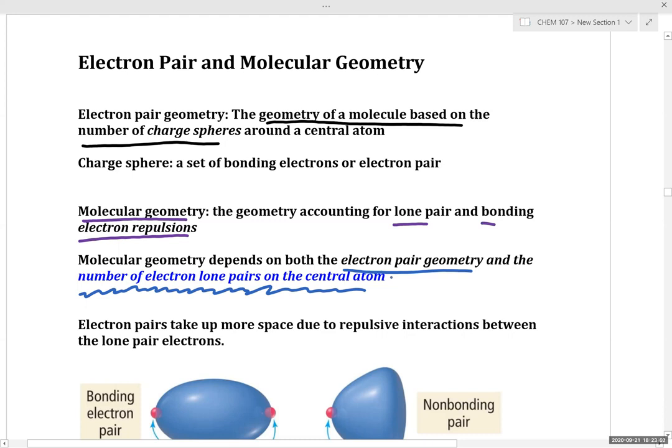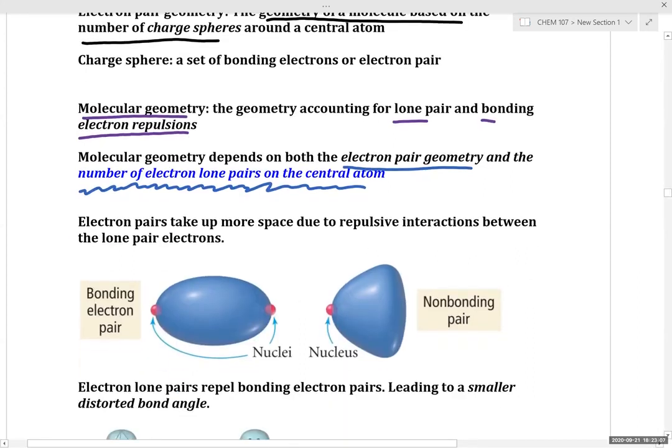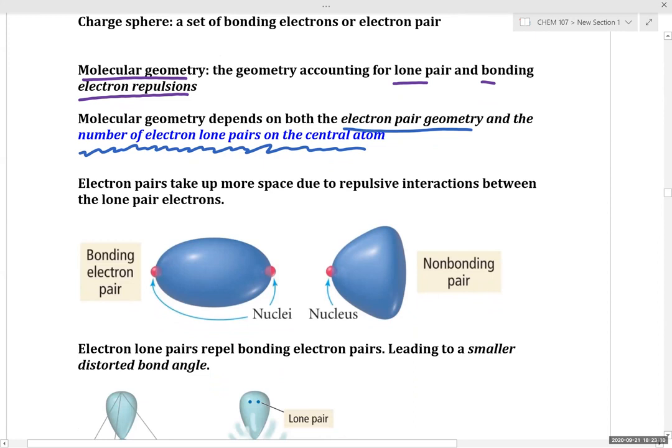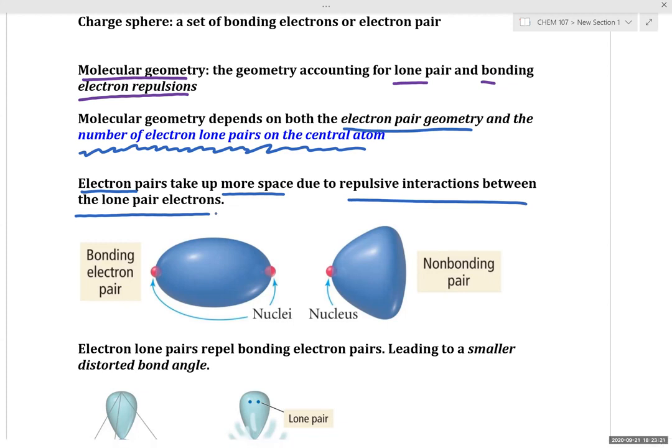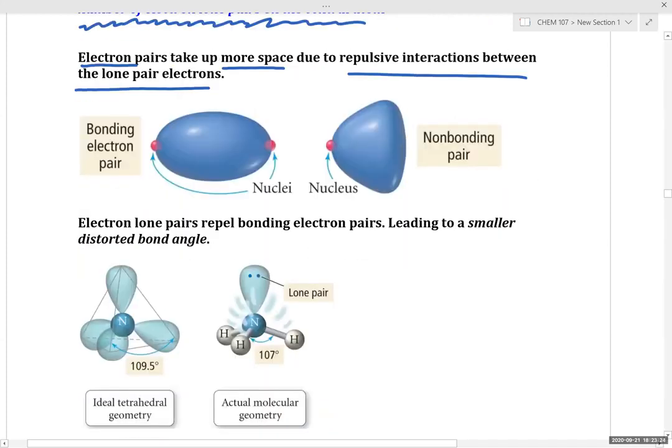Now, why do we care? Why do these lone pairs make such a huge deal? Well, electron pairs take up more space due to repulsive interactions between the lone pair electrons. So lone pairs take up space. As a result, these electron lone pairs will repel bonding electrons much more vigorously, to a greater degree.